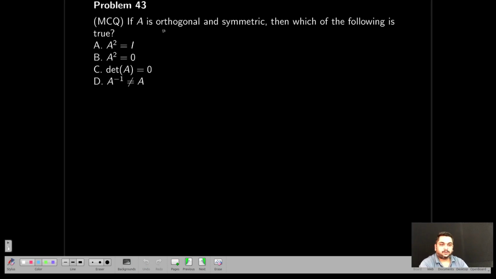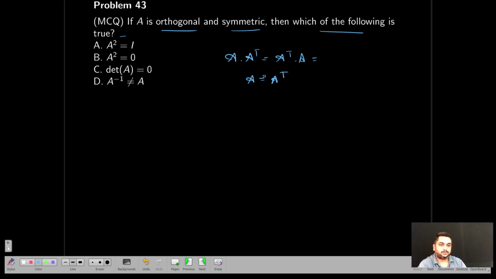If A is orthogonal and symmetric, then which of the following is true? A times A transpose equals A transpose times A equals I, and A is equal to A transpose.